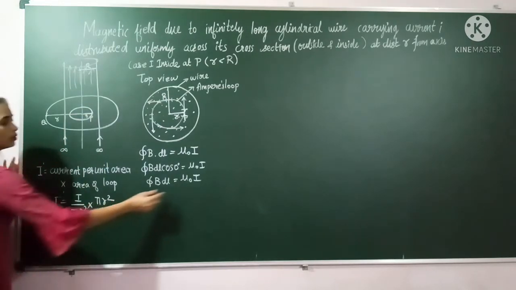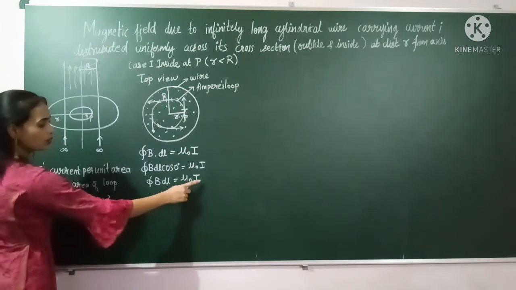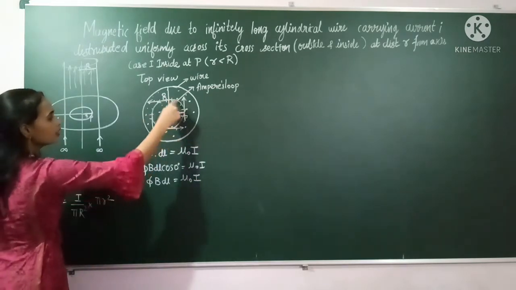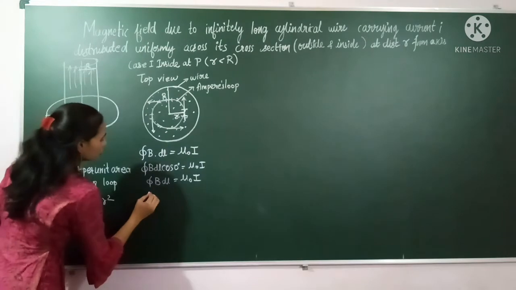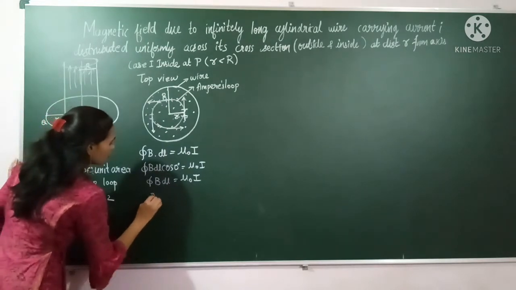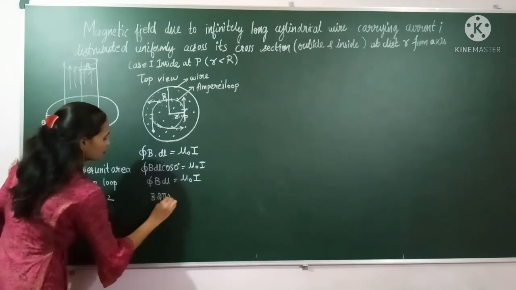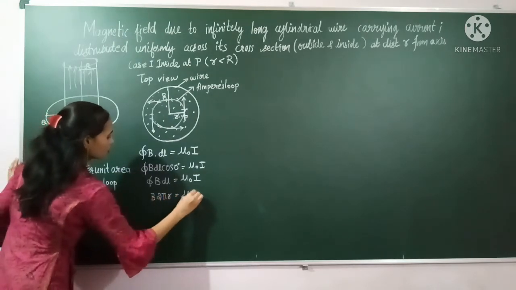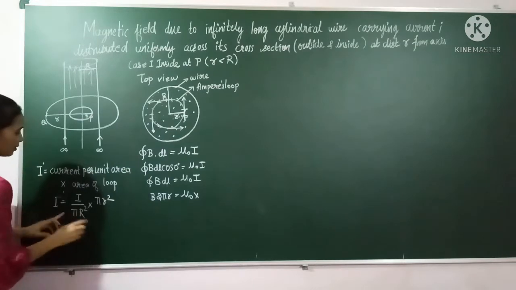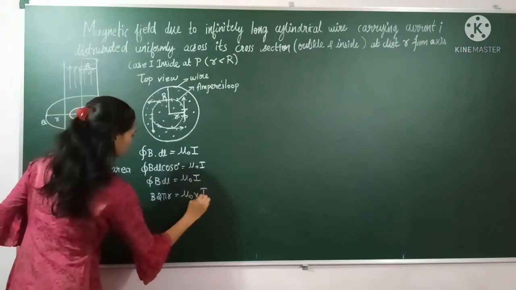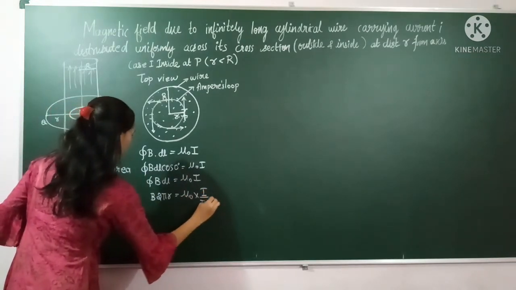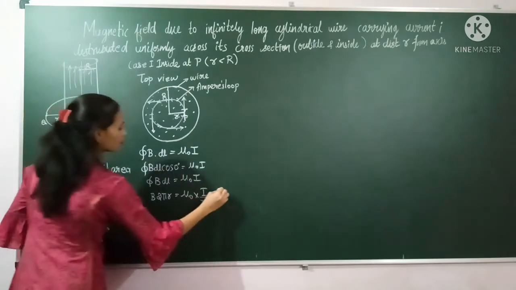So this I value will be substituted here, because we have to take only the current which is present inside the loop. So next, B closed integral of dl will be 2 pi r equals to mu naught, I value is I divided by pi R square, multiplied by pi r square.